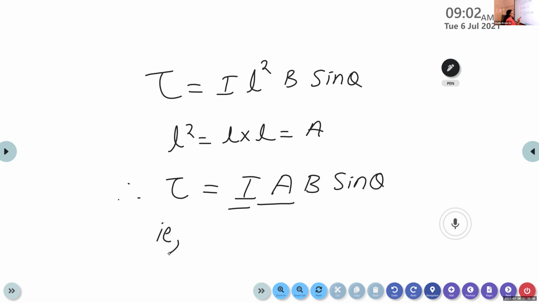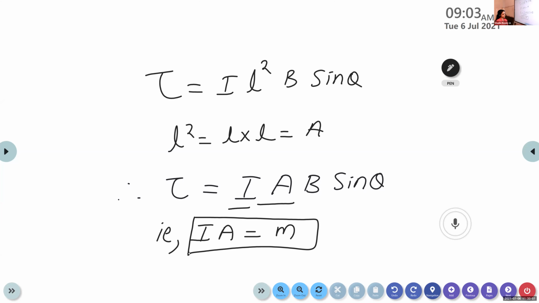That is, IA is equal to M, small letter M. The small letter M is known as the magnetic dipole moment of the conductor. IA is equal to M.